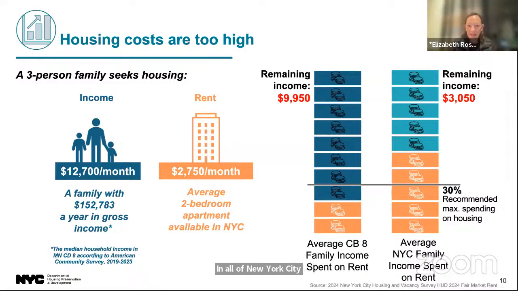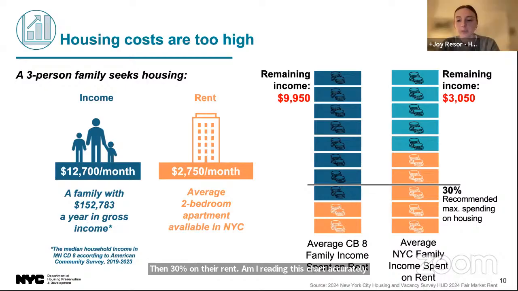And I'm inferring that you're taking that 2,750 divided by 12.7 and getting to the chart on the right-hand side where you're saying that the average CB8 family is paying less than 30% on their rent. Am I reading this chart accurately?